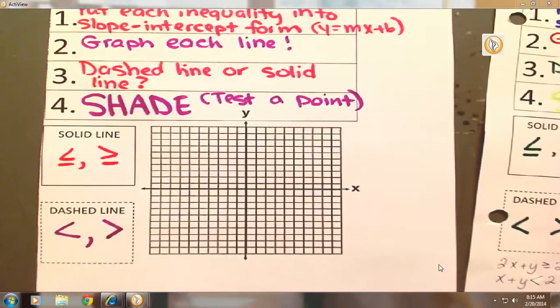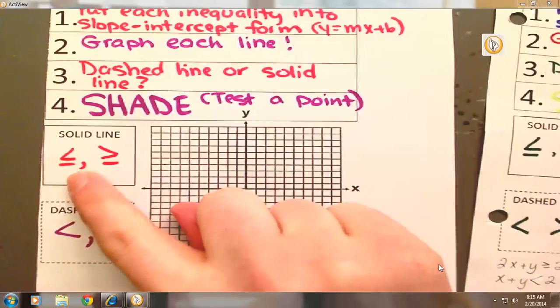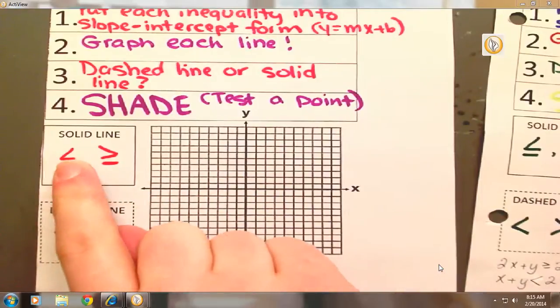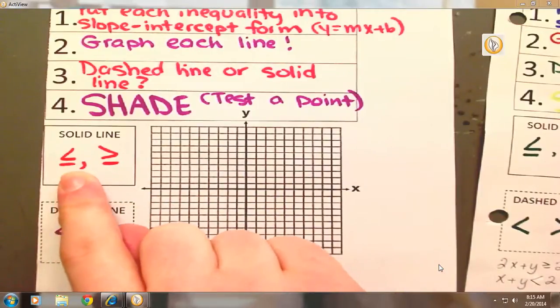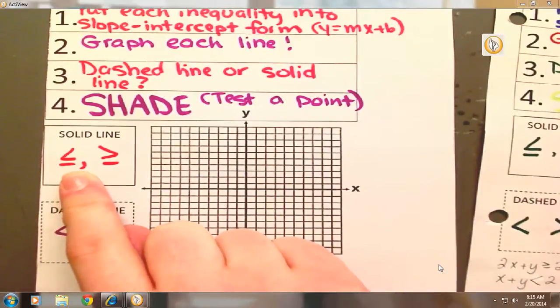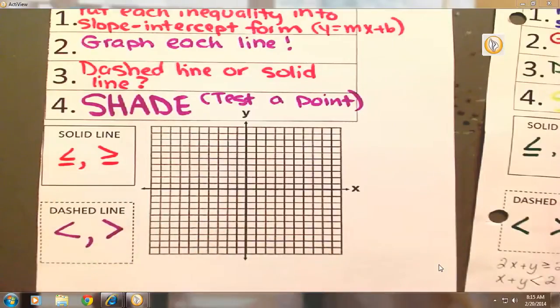And think about it. When we say these symbols up here in this first box, less than or equal to, we say equal to, right? Equal to, that solid line, anything on that line is equal to. So it would make sense to use a solid line. Now down here on the dashed line, we're saying less than or greater than. Doesn't say anything about equal to, does it? So anything on that line is not equal to.